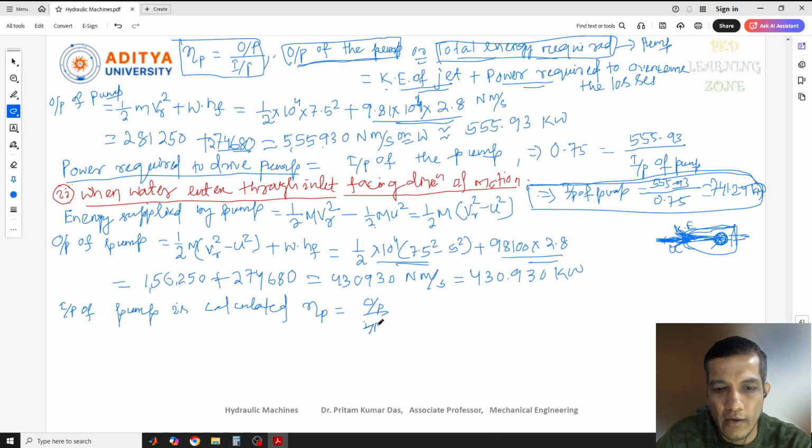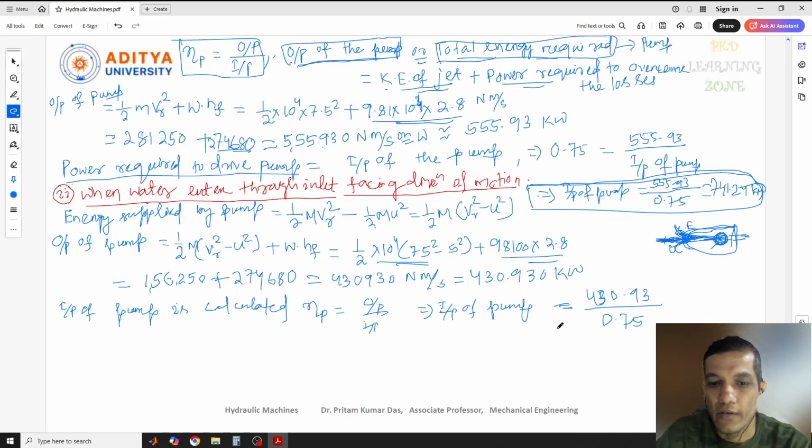So here we can again write input of the pump equals output by efficiency. Output equals how much? This is 430,930 divided by 0.75.